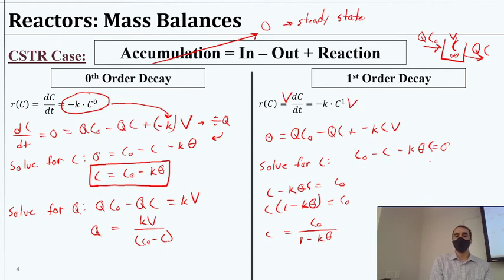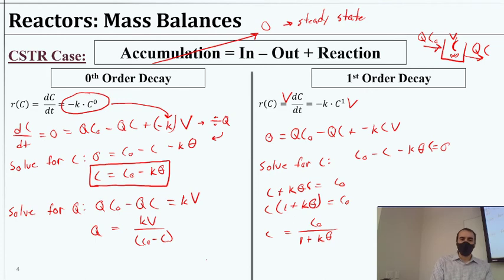What I could have done was added this to the other side, added the KC theta. So that would be C plus KC theta, right? Yeah. It turns out if you do a growth reaction, you get a minus there.